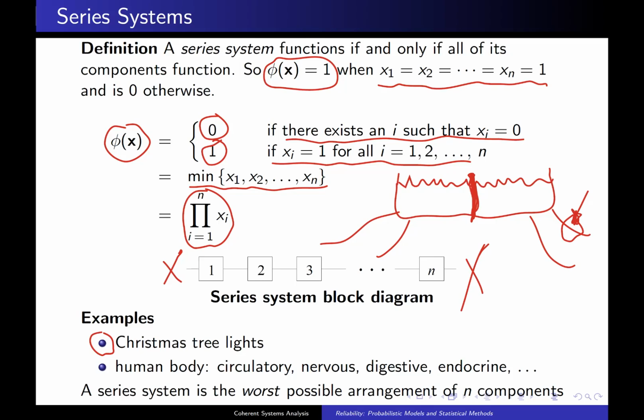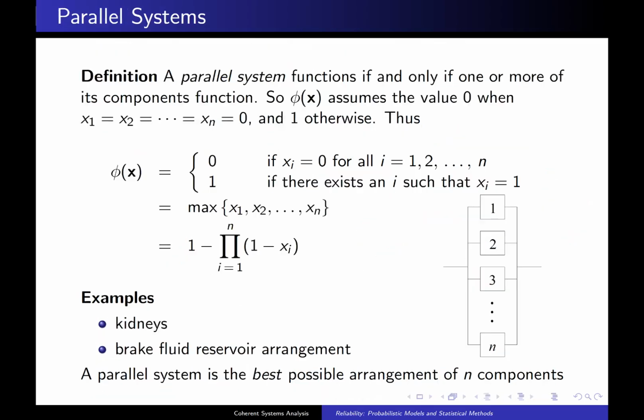Well, a series system is the worst possible arrangement of n components. A parallel system is the best possible arrangement of n components. Here is its definition. A parallel system functions if and only if one or more of its components function.